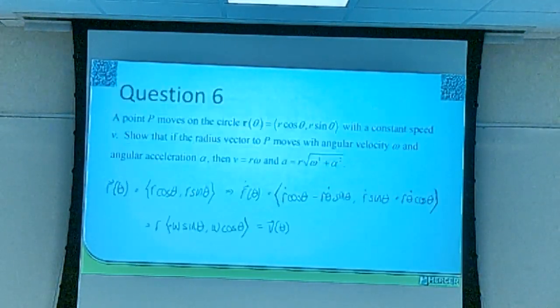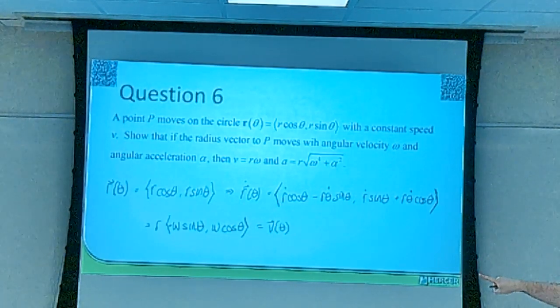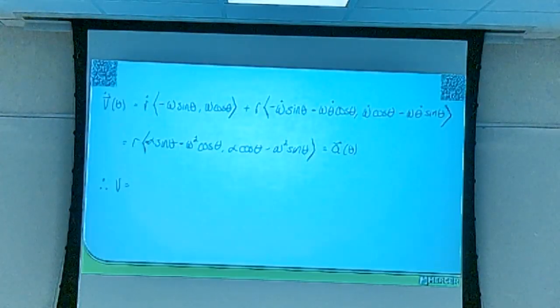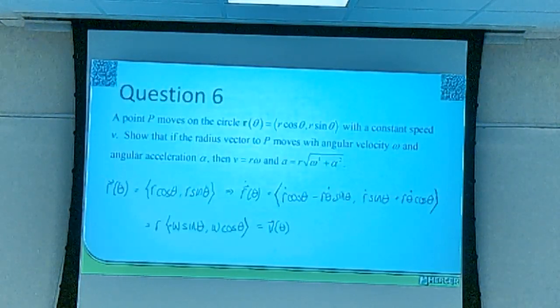That was the velocity. So magnitude of that, absolute value of R, times the square root of the sum of the squares.